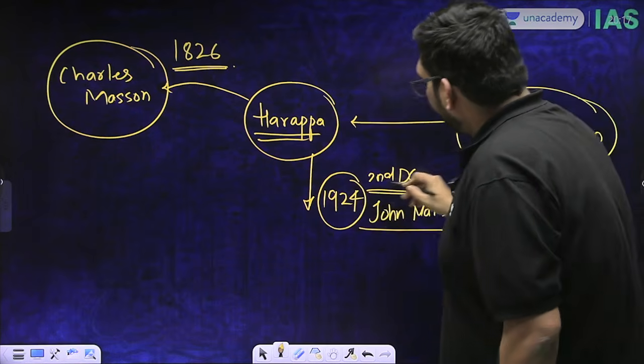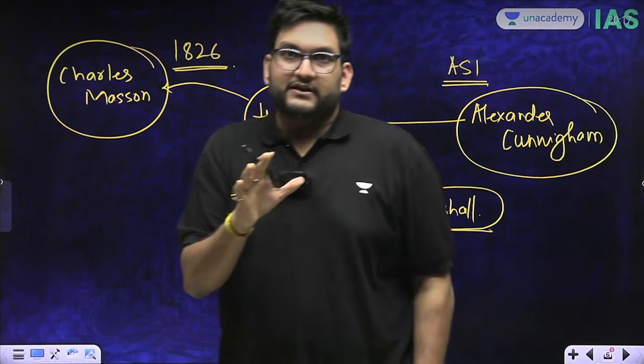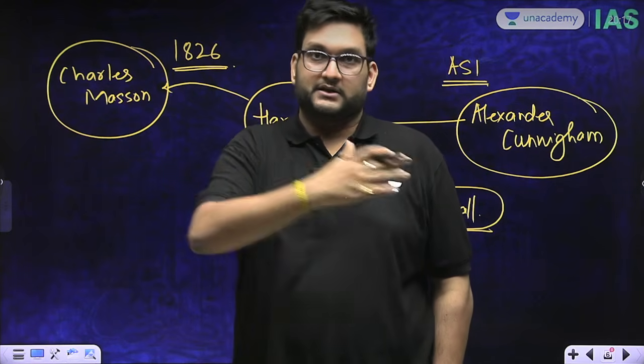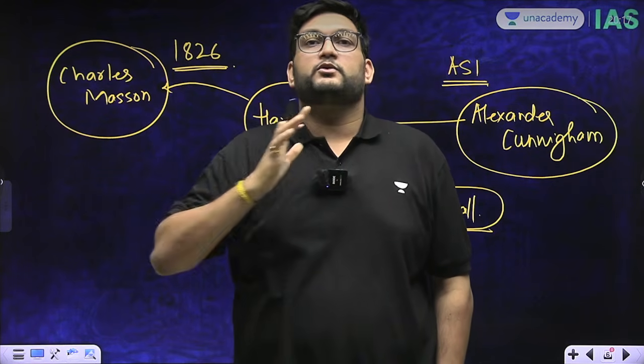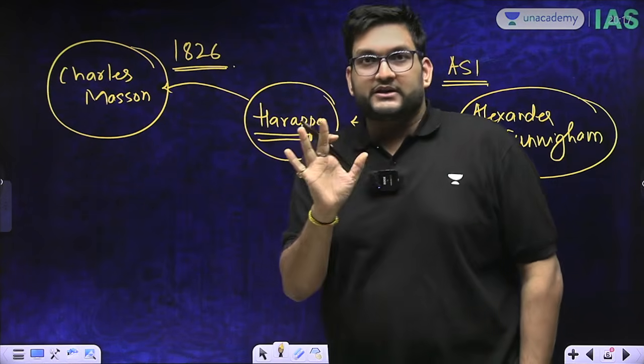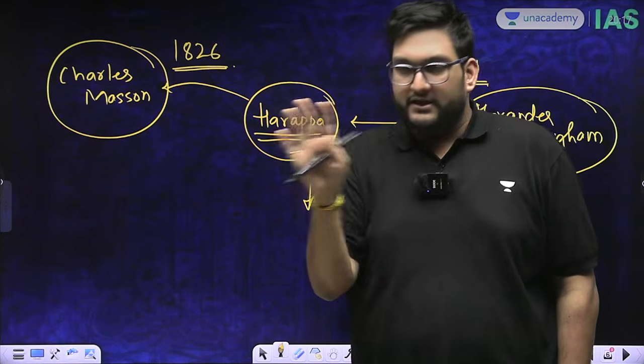But by the time John Marshall was publishing about the Indus Valley Civilization, there were multiple sites which, if plotted on a map, were mostly on the tributaries of the Indus. So this is the first thing. How was it discovered? You don't have to go into each and every site and archaeologist, that is not needed for UPSC.